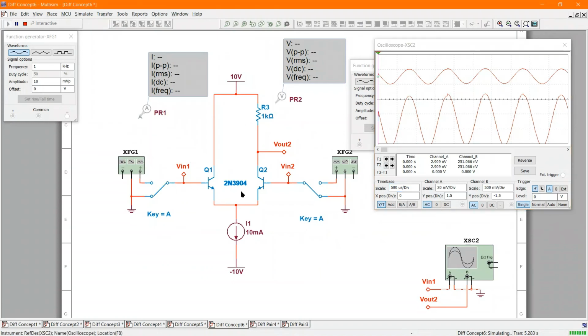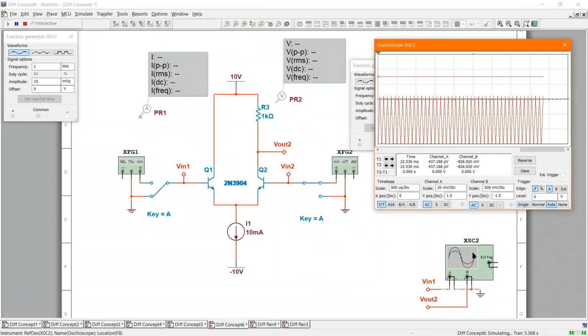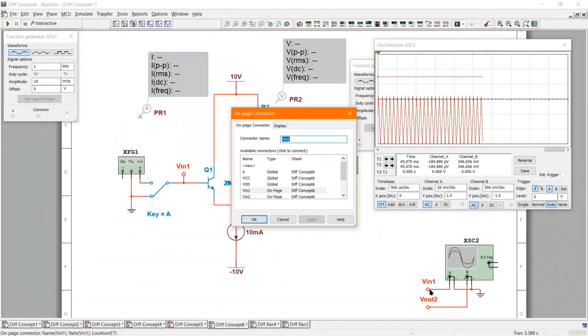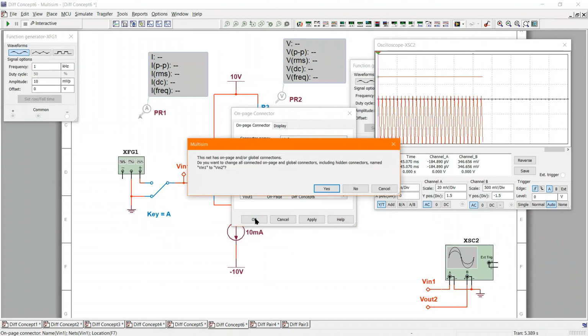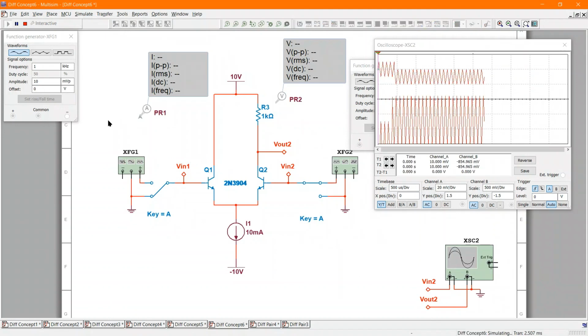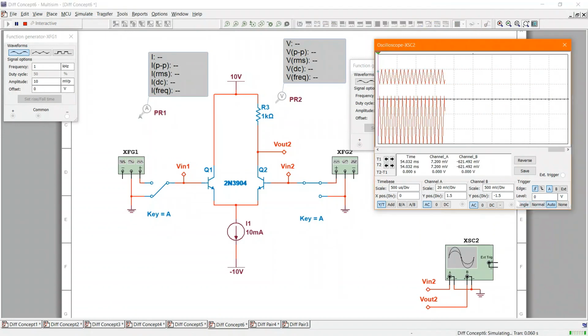Now let's ground that one again. And let's put this on as a triangle wave. I'm going to need to change the scope. Let me just change this quick here. So instead of looking at VN1 now, I'm going to look at VN2. So here we are. We can see VN2.